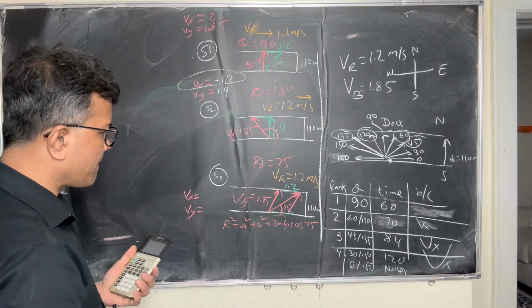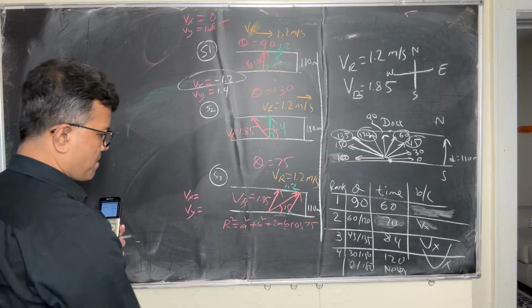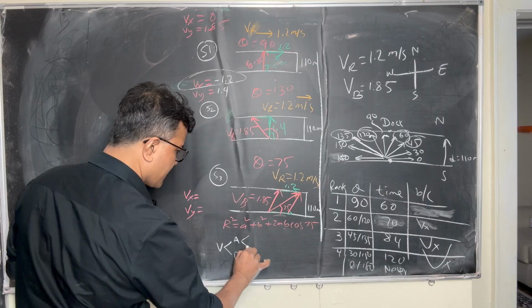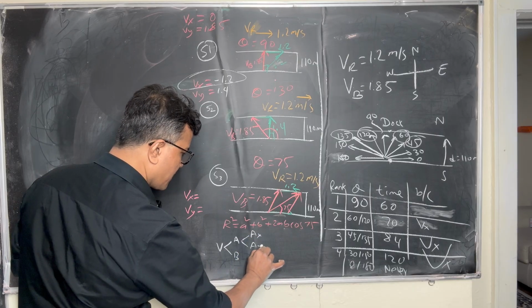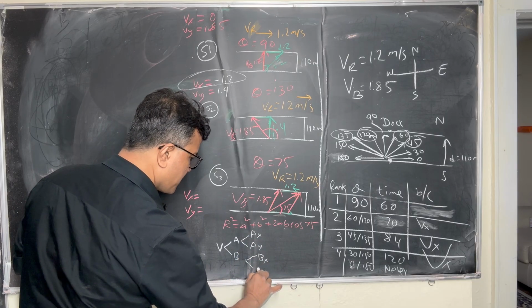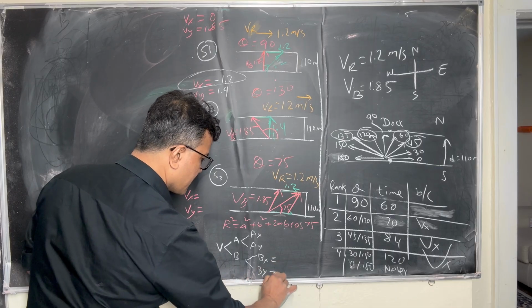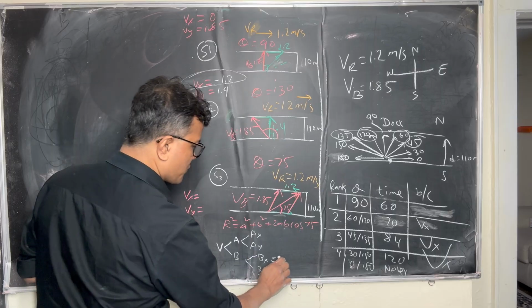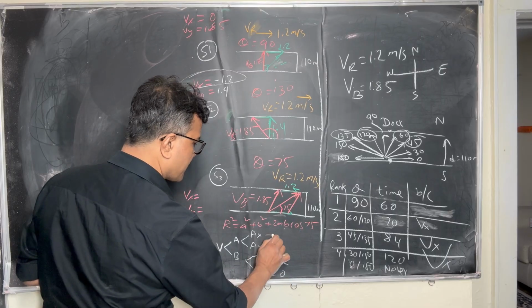Let's find this one. V, A and B: AX, AY, BX, BY. BX is 1.2, BY is 0.